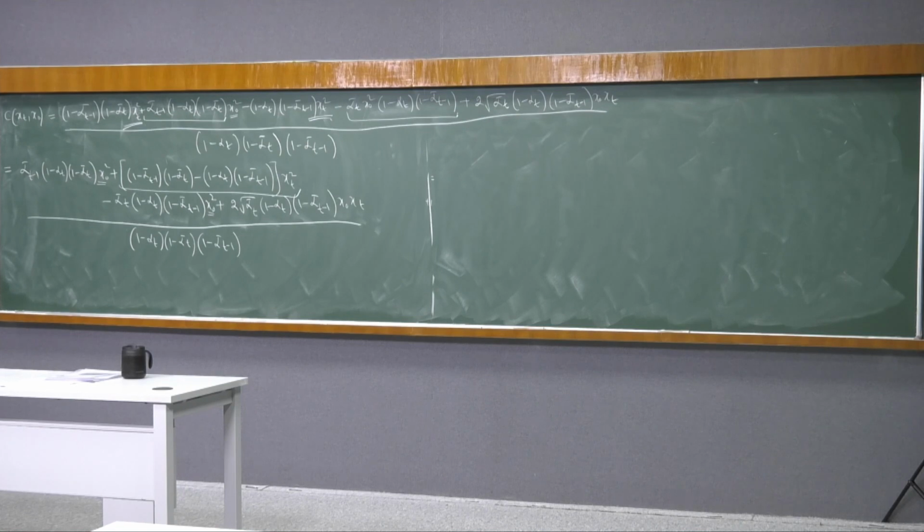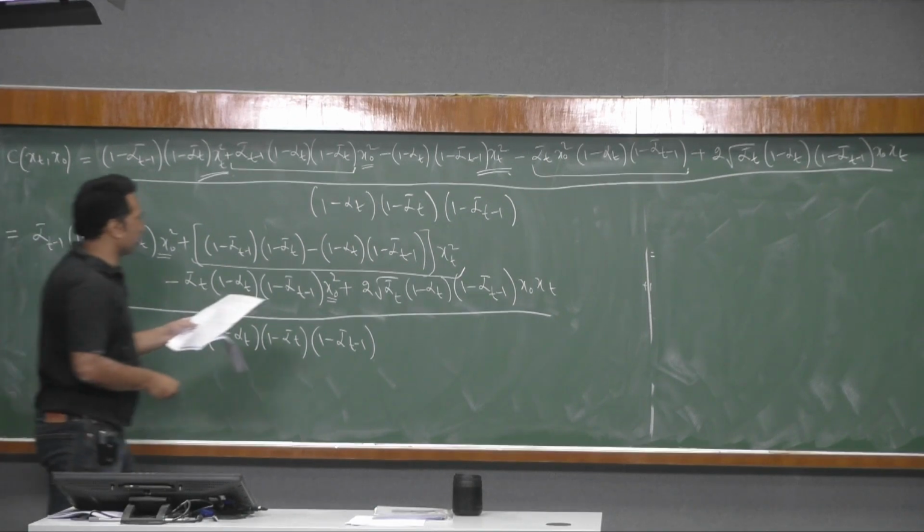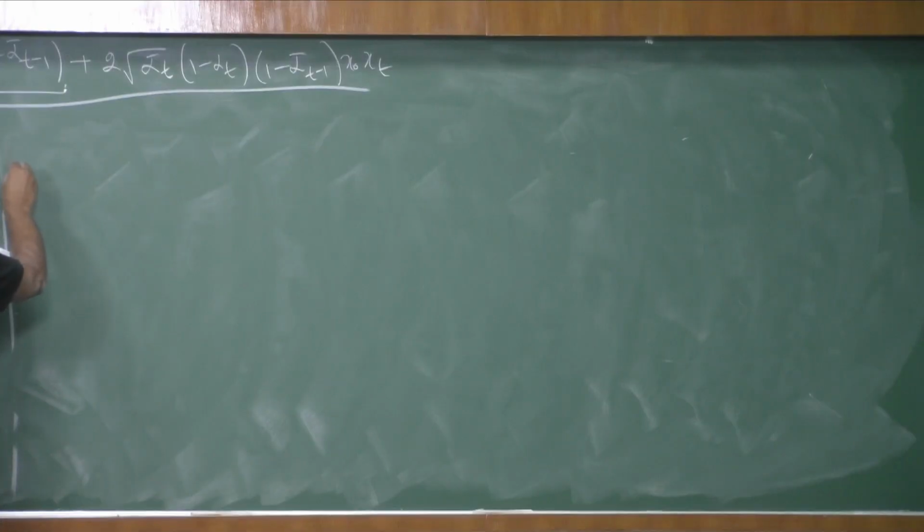So this is what we have: xt square, x naught xt, right? And then the next step, I'm going very slowly because I was doing the derivation step by step. In the next step I take x naught square common.